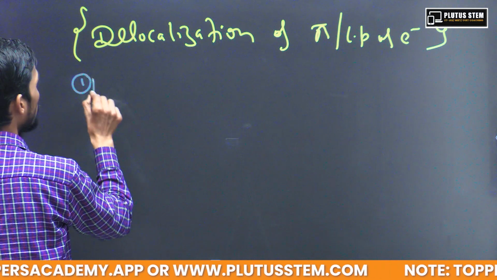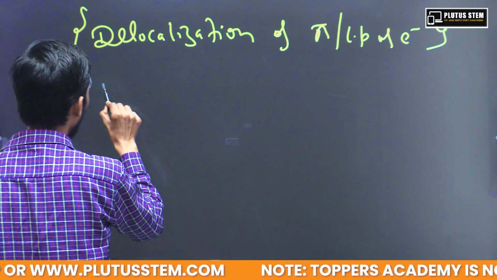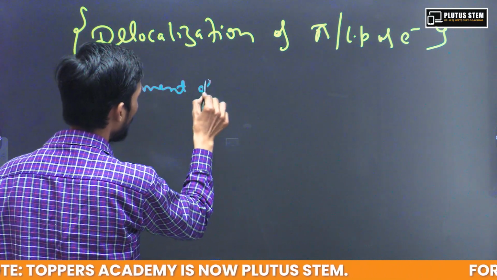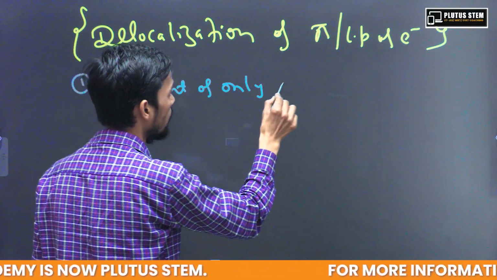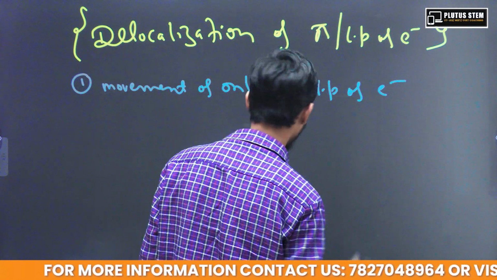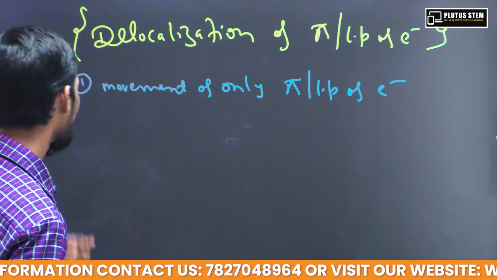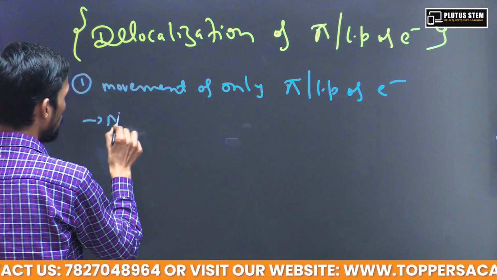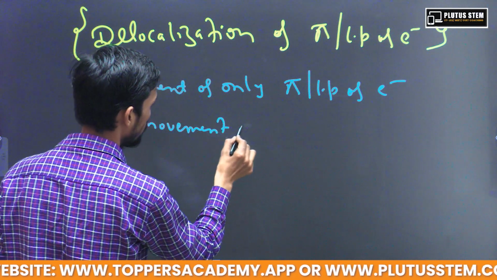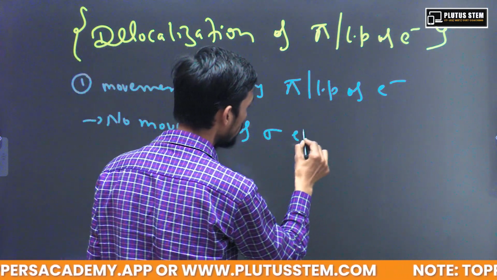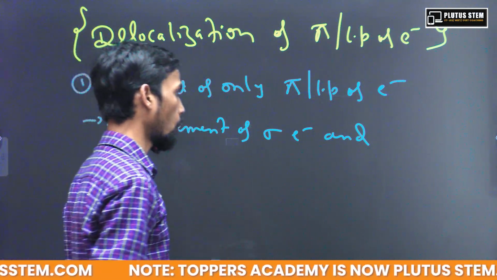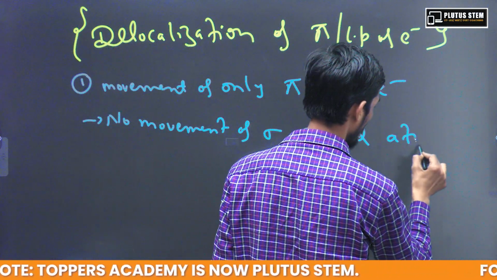The first condition is movement of only pi or lone pair of electrons: no movement of sigma electrons and no movement of atoms.